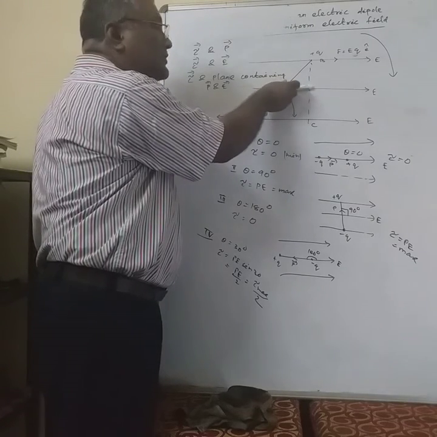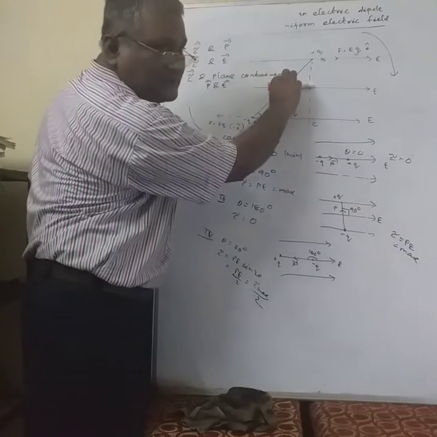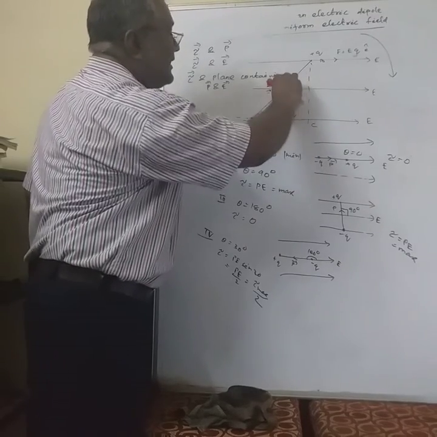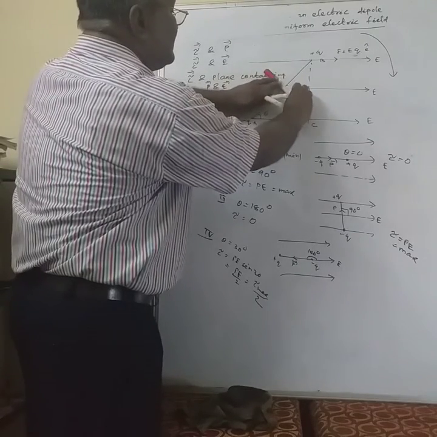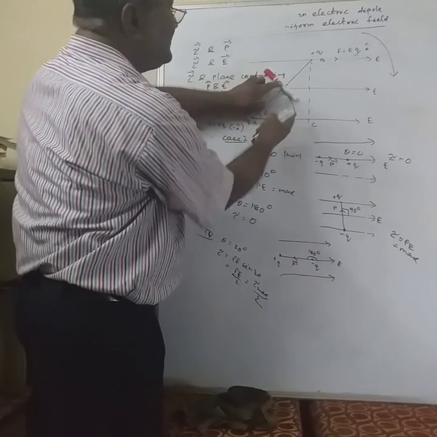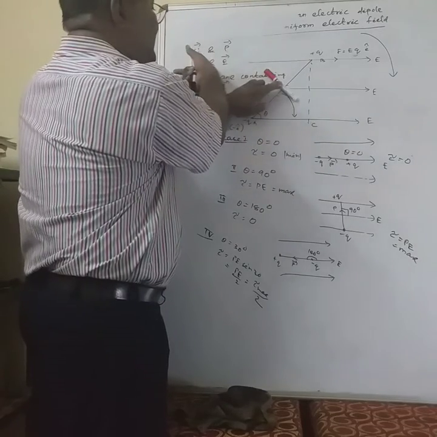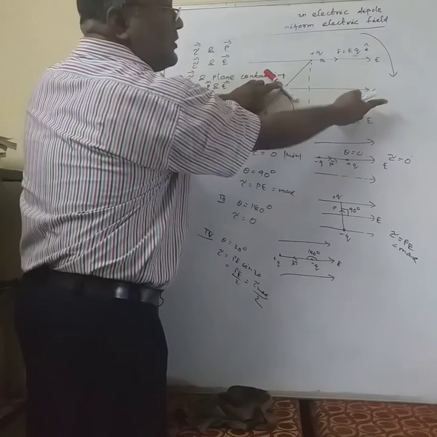Because of the moment of inertia, it will overshoot this position and go this way. When the dipole is here, this one is plus q charge, this is minus q, the force will be in this direction; here the force will be minus i cap, here the force will be plus i cap.